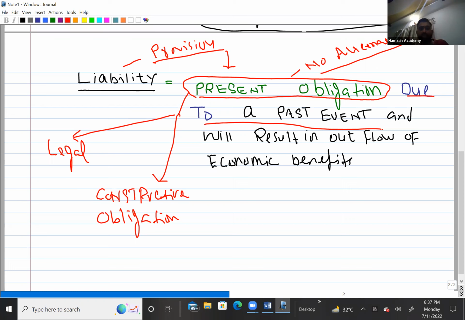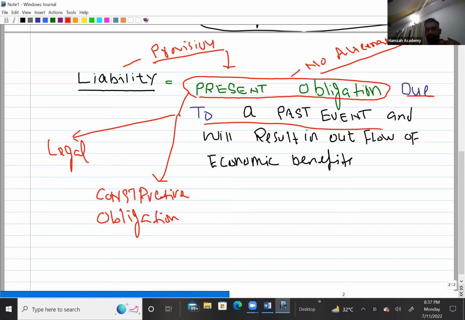It is not possible, because if something is going to happen in the future, how can we punish someone today? We have to wait. When he commits a crime, then action will be taken against him. So for every obligation there will be a past event.